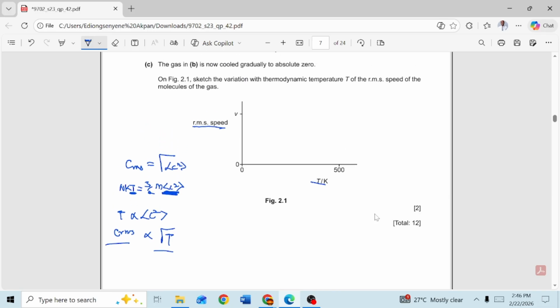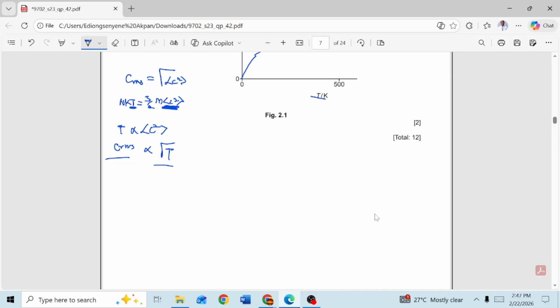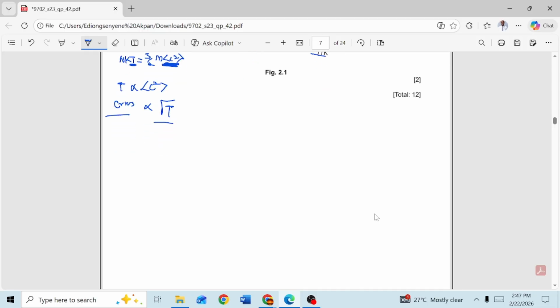Due to that, they will start from 0. As the speed increases, the temperature will increase. However, the temperature will increase in this manner. Take note of that. It's not going to be linear because it's root mean square.